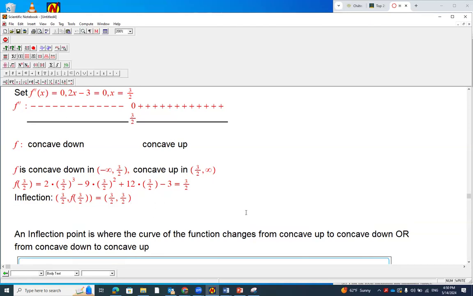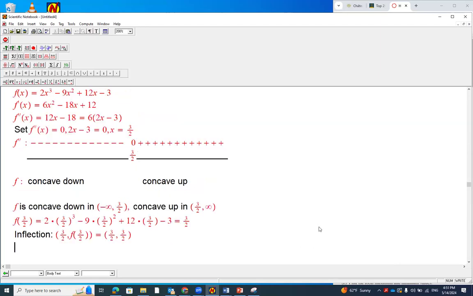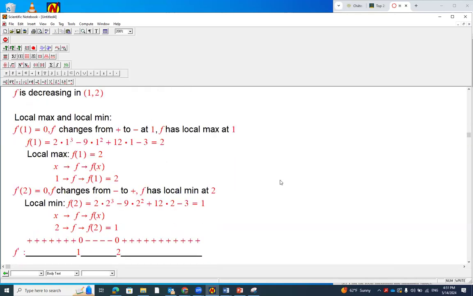So let's confirm. I'm going to explain what an inflection point is.